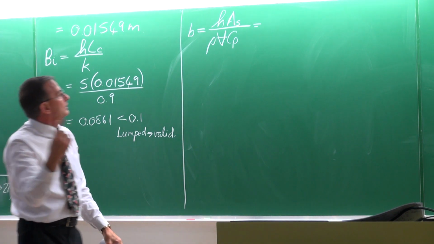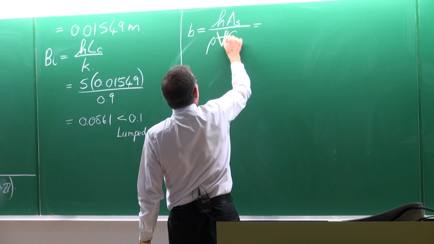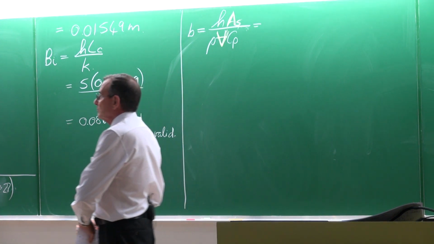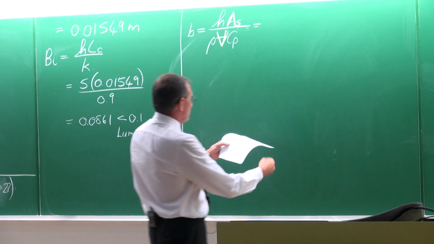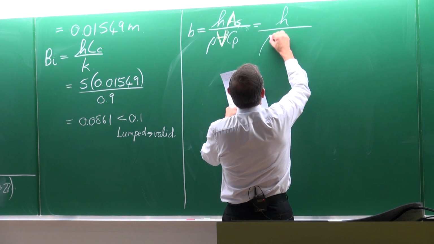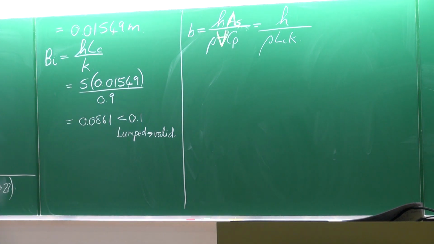And if you look carefully, you will see that here we've got the volume divided by the surface area, and the volume divided by the surface area is the characteristic length. Okay, so we can write this also as the heat transfer coefficient divided by rho, the characteristic length, and Cp. You agree? You can go and put in the values.